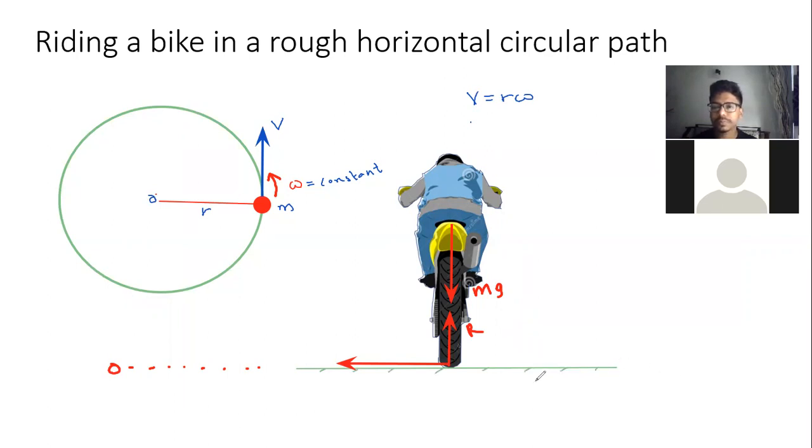Okay, so now the floor is rough, and let's consider the friction force on it is F. Because as the bike rides in this direction, it's a circular path, it's moving this direction. So what happens? It tends to slide away from the path, right? So it tends to slide this direction. Therefore, the friction will be in this direction. Is that clear?